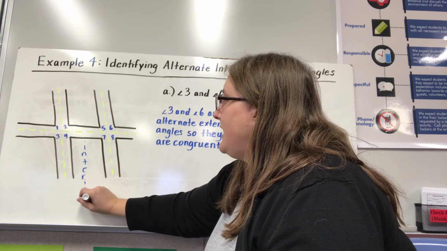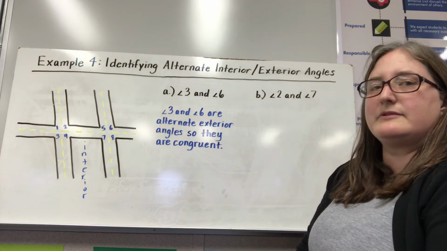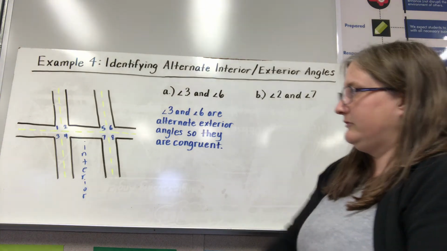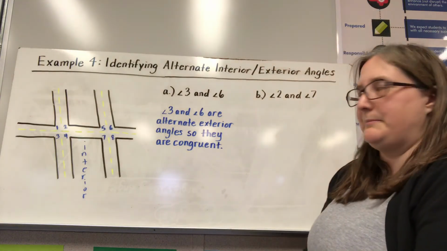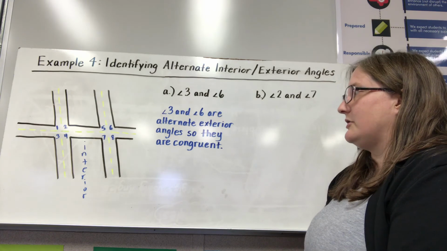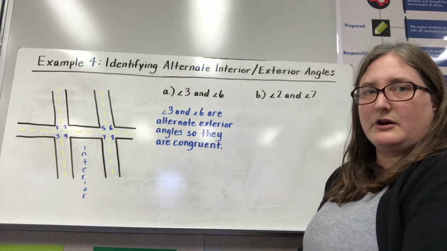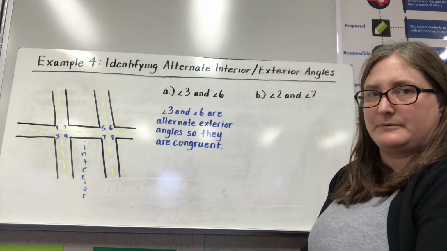And if you notice, angle 3 and angle 6 are not in the interior, which makes them exterior angles. So 3 and 6 are opposite each other, but on the outside of the parallels. So angle 3 and 6 are called alternate exterior angles. Alternate exterior angles are congruent, so angle 3 and angle 6 have the same measure.